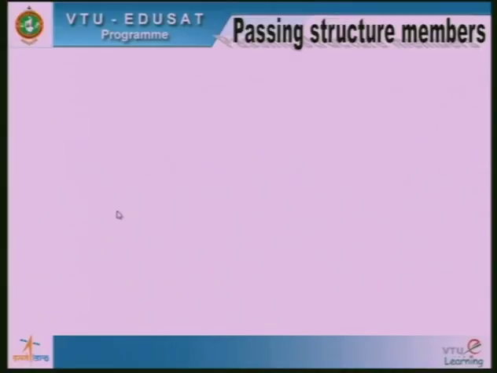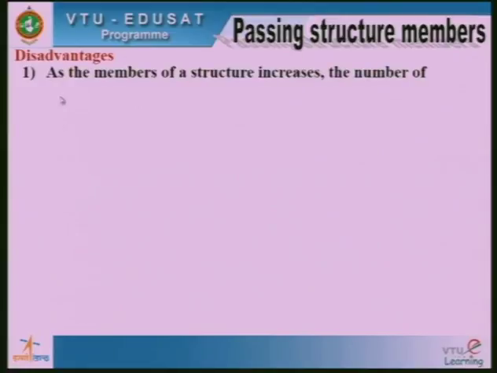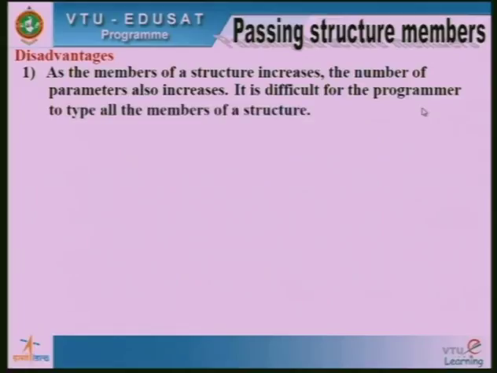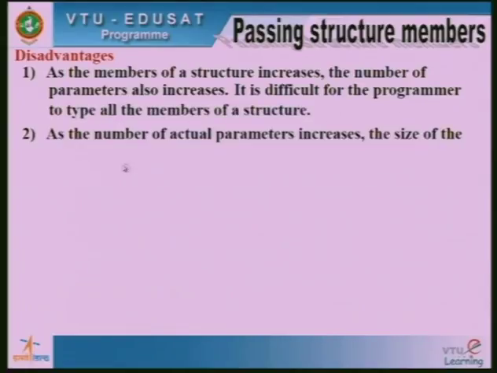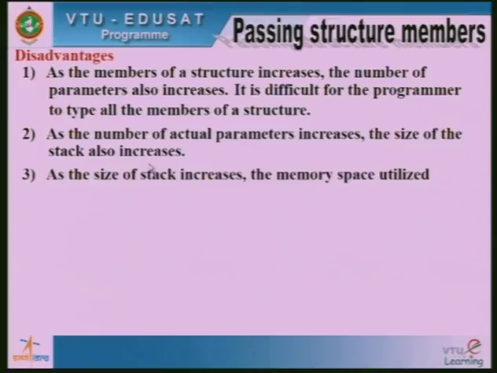So that is the reason, instead of passing structure members, let us go for passing structures. See the disadvantages. What is the first one? As the members of a structure increases, the number of parameters also increases. So it is difficult for the programmer to type all members of a structure as parameters. Second one is, as the number of actual parameters increases, the size of the stack also increases.